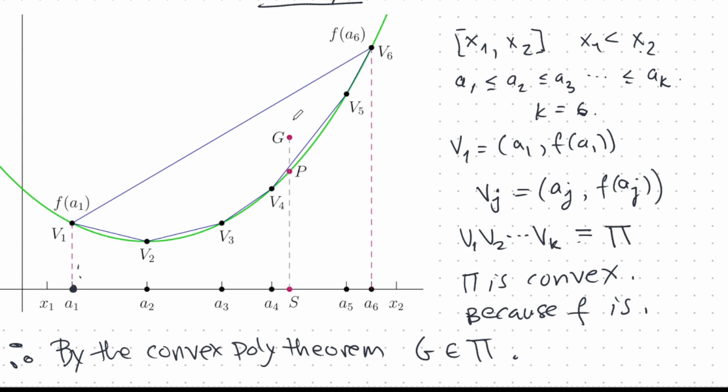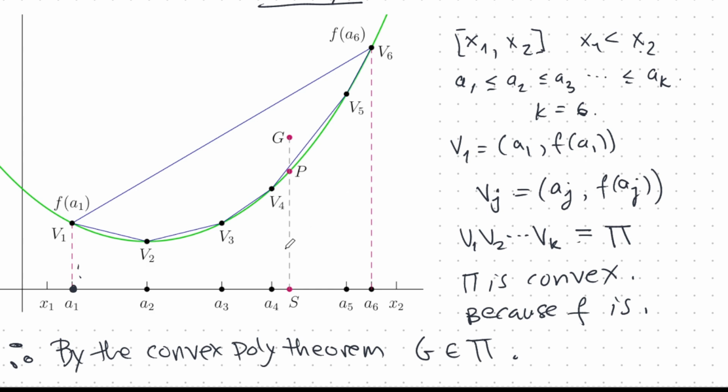Well, actually, if G is above this line, it'll work. But if G's below this line, then Jensen's inequality won't work at all.